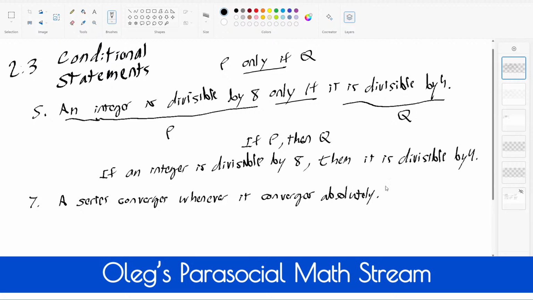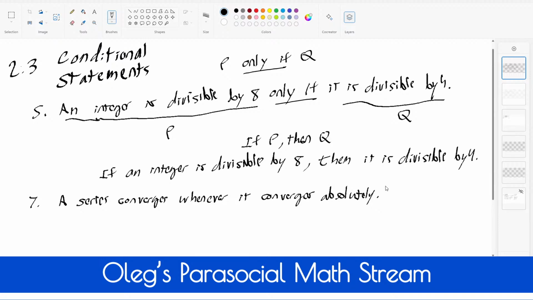Okay. Which is P, which is Q. A series converges whenever it converges absolutely. Well, let's look at the rules. I'm liking "whenever P, then also Q." Or, wait a minute. No. Hold on. We needed the words "then also."